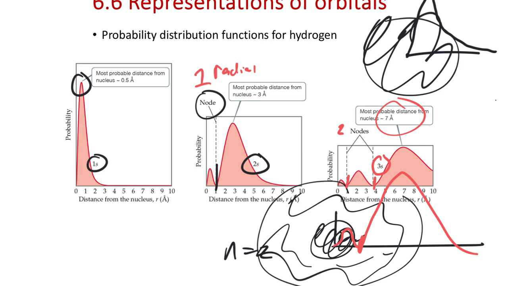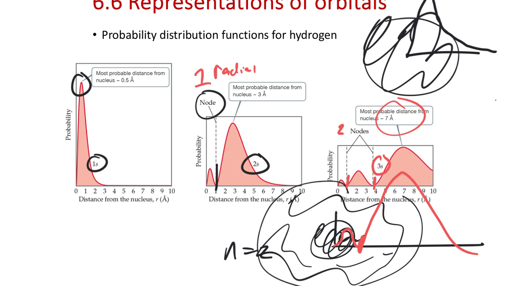One of the main lessons here is that when you look at something like sodium, and we'll get sodium's configuration in a minute, it's 1s2, 2s2, 2p6, 3s1. If you look at a 3s orbital, there's still some probability that that electron is relatively close to the nucleus. So as the n value goes up, it's not like the distribution is just shifting away from the nucleus. We still have some probability of being relatively close to the nucleus.